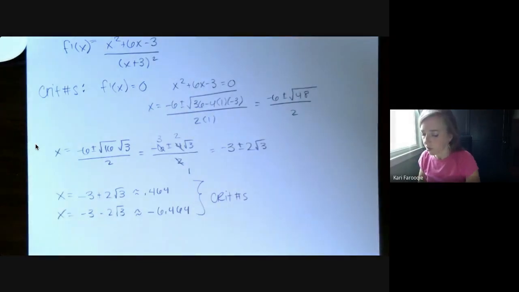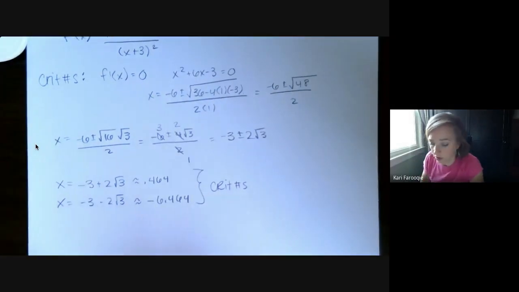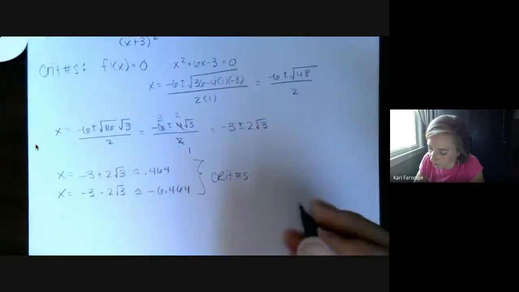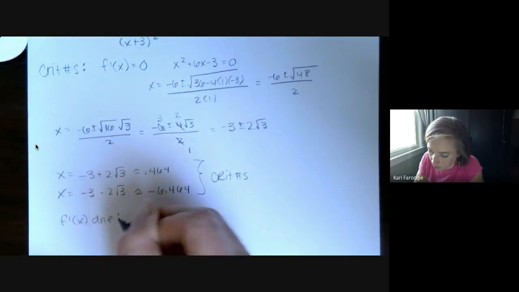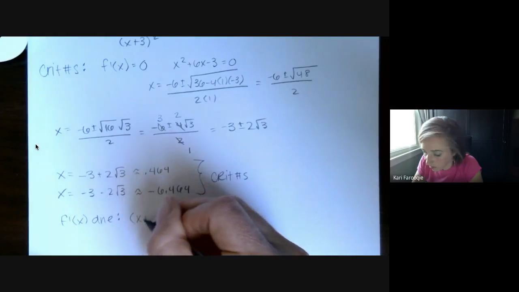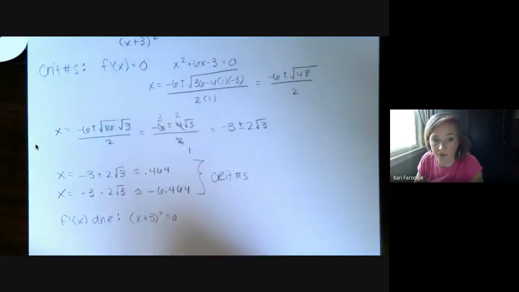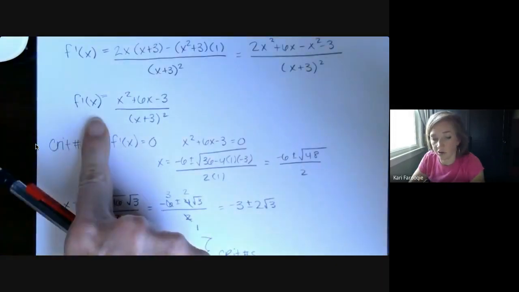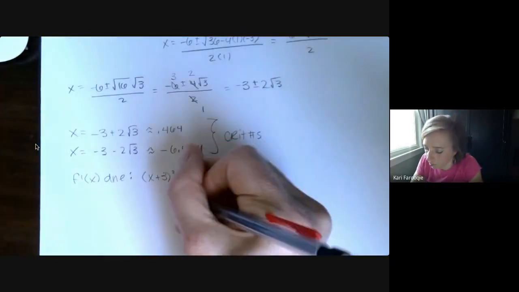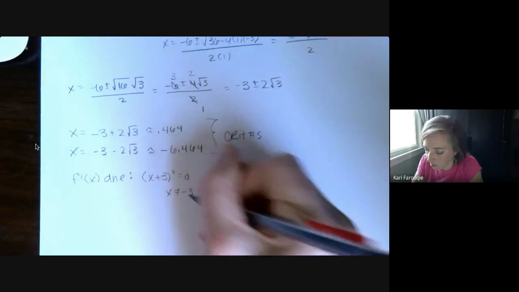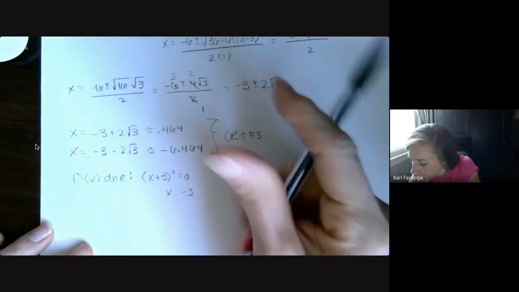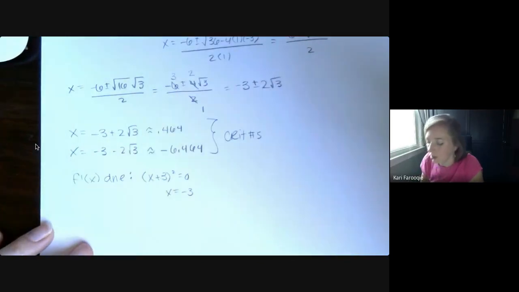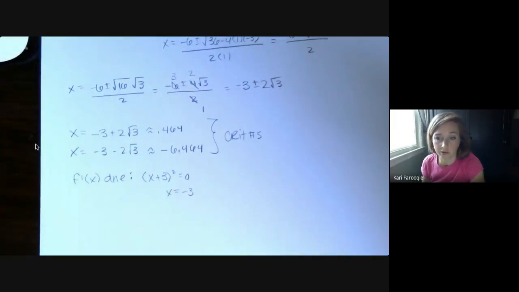Now, remember that we also have to look for places where the derivative does not exist. Technically, the derivative does not exist when the denominator equals 0. So reminding you here, there's your derivative. Take your denominator, set it equal to 0. Well, then you get x cannot be equal to -3. Well, maybe I should say x equals -3 would be a place where our derivative does not exist.